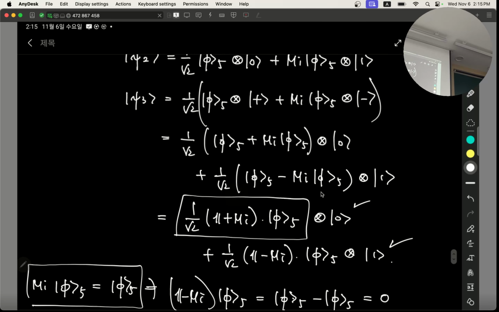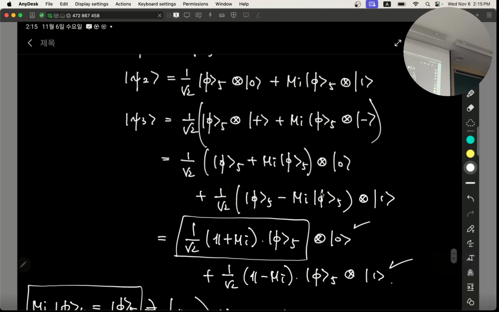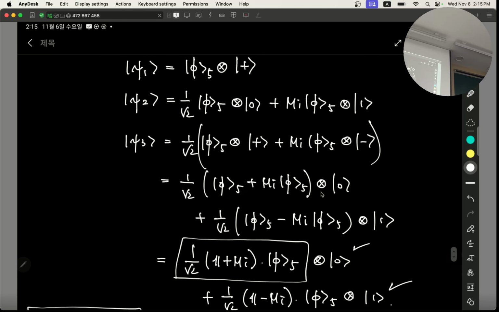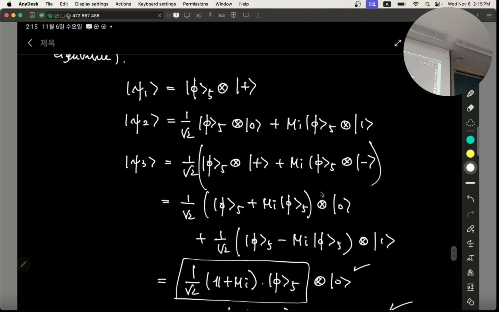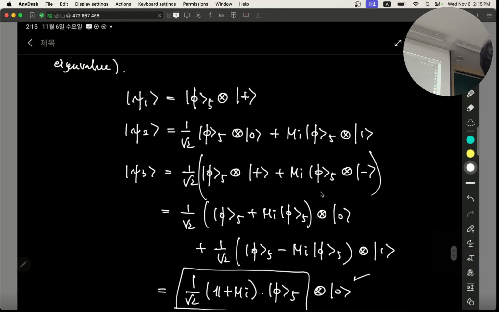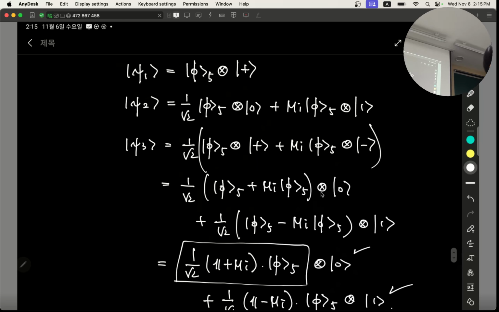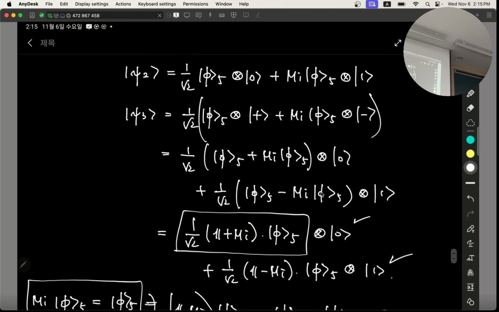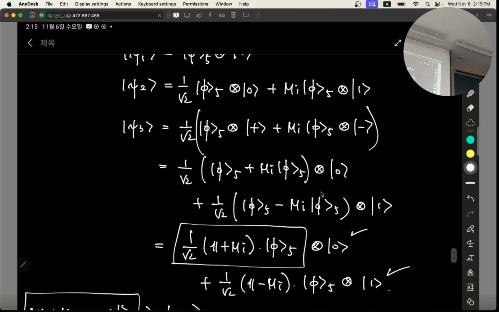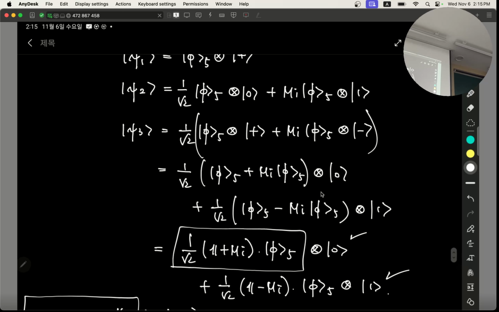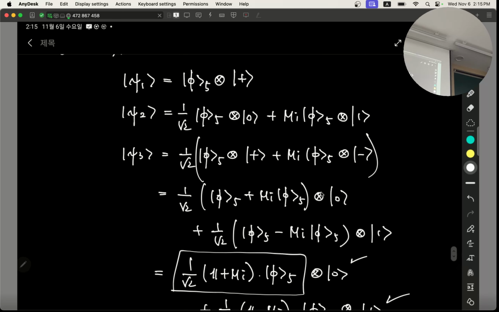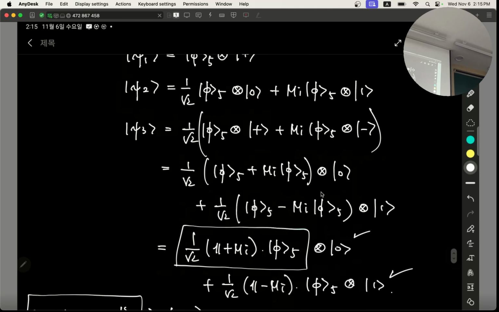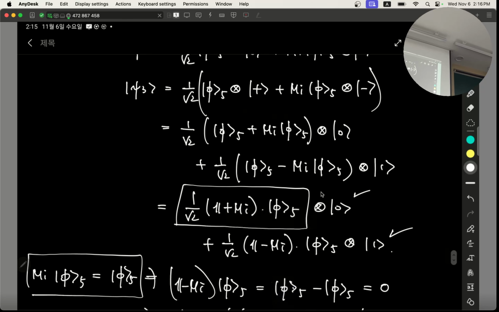So here, what did I forget? Is that right? Where did I forget the square root of 2? Can you say it louder? Psi3? Yes, psi3.